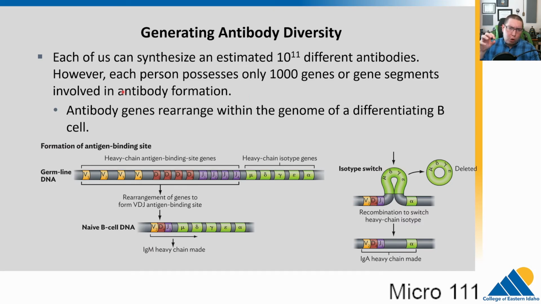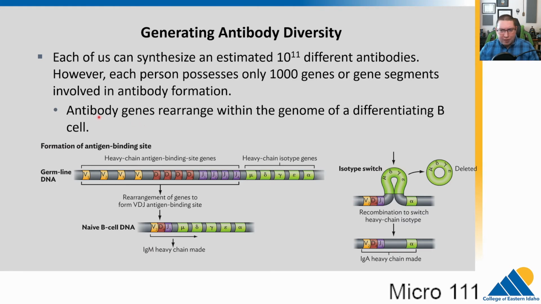However, each person only has 1,000 genes or little gene segments that are involved in forming different antibodies. So how can we get 1 with 11 zeros from 1,000 different gene types? Well, this is where it gets weird, like I said.